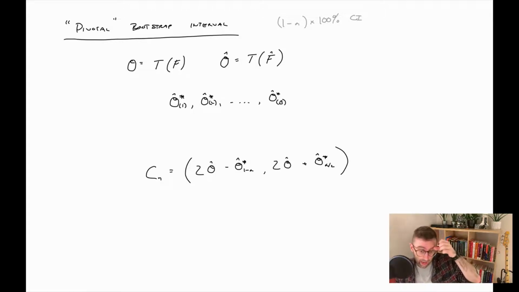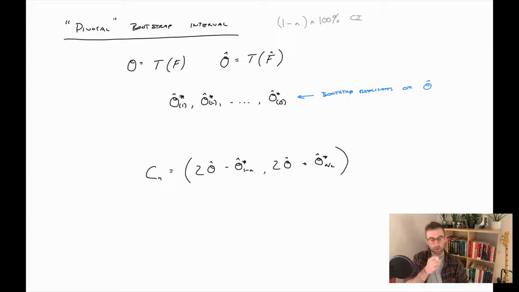Below that, I have theta hat 1 star, theta hat 2 star, and so on and so forth. Those are the bootstrap replicates of theta hat.